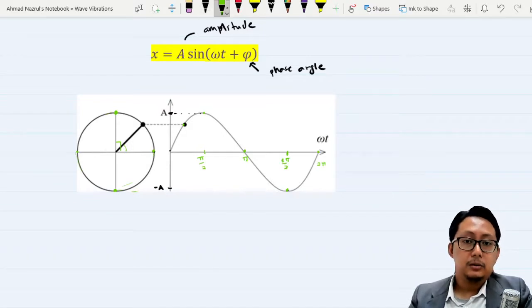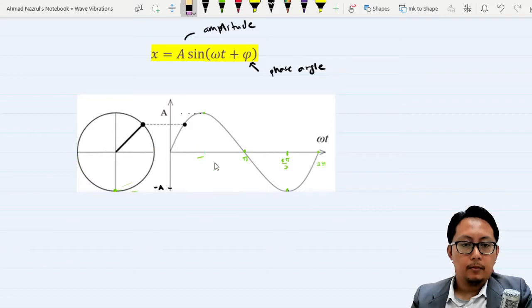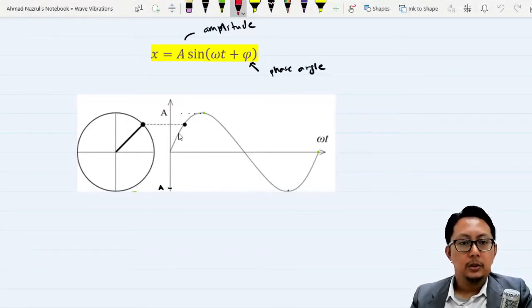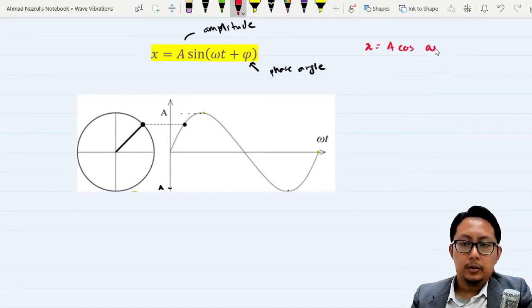For cos, the graph will start from the top here. For cosine, x equal to a cos omega t, same as the sine, the phase angle will be 0.